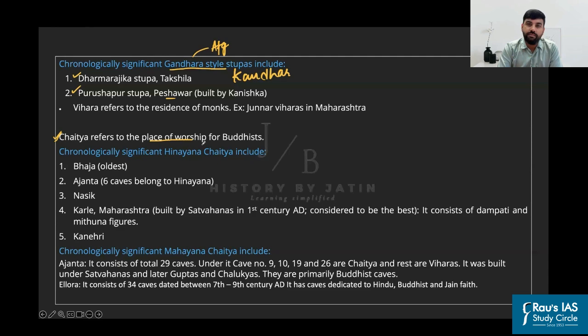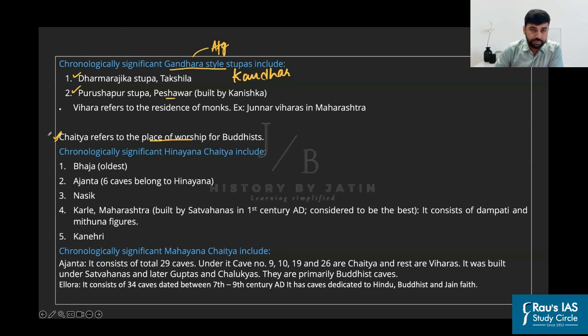Chaitya is that. Chaitya is like a small temple in your house. The purpose of Chaitya was to bring the place of worship to where you are living, because you cannot take Sanchi everywhere.